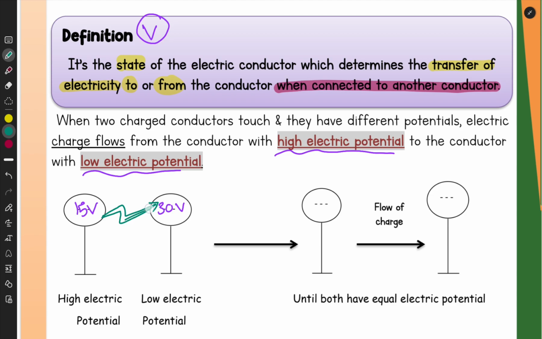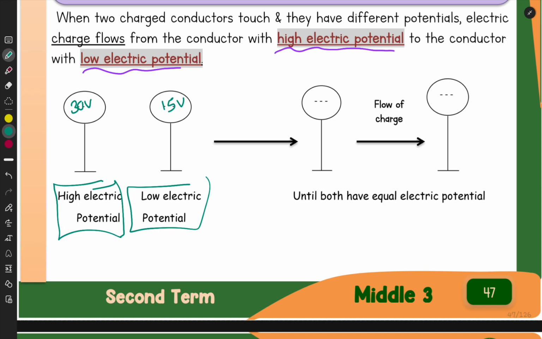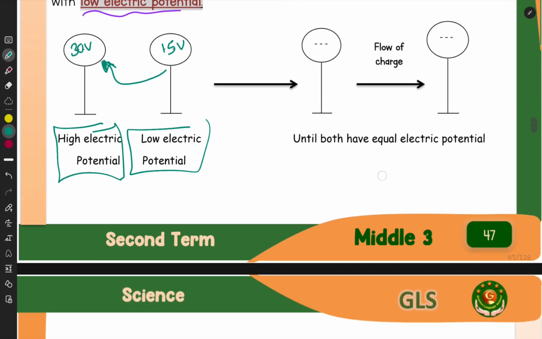Okay, sorry, this is opposite. If this is the 15 and this is the 30 volt, this is low electric potential and this is high electric potential, so the current will flow like this.